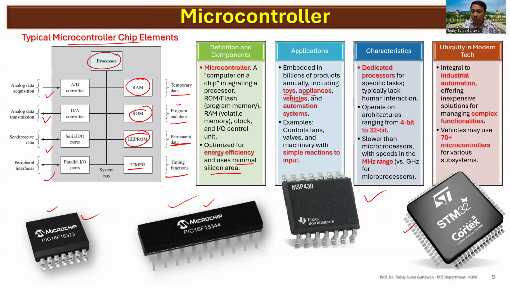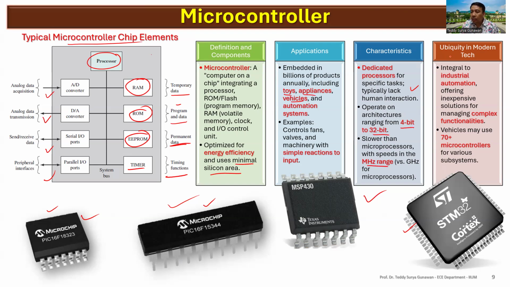The characteristics: it is a dedicated processor, typically without human interaction. As you can see from here, it was not designed, for example, for an LCD; you need to add an expansion for the LCD. Its architecture ranges from 4 bit to 32 bits, and it is slower than a microprocessor, in the range of megahertz.